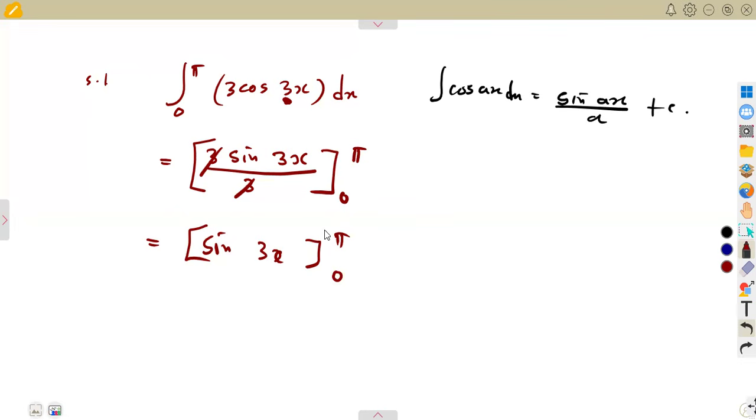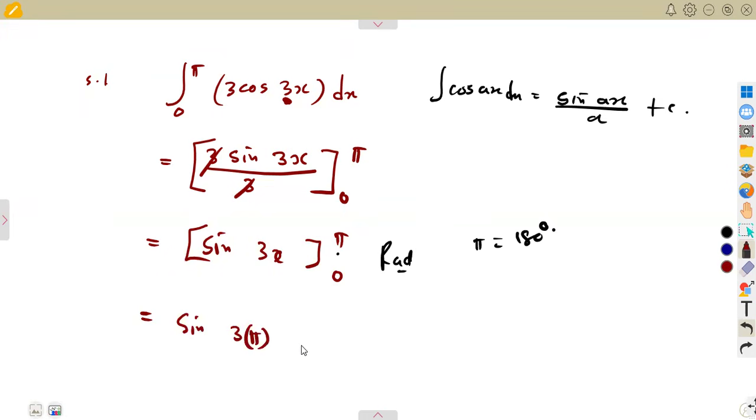Remember I said if you're working with pi, you are in radians. Your calculator must be in radians if you're working with pi, unless you change pi to 180 degrees. But if you're working with pi as it is, you have to convert your calculator to radians.